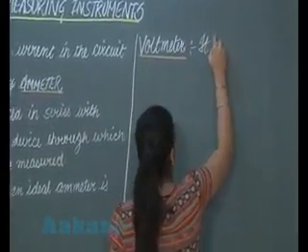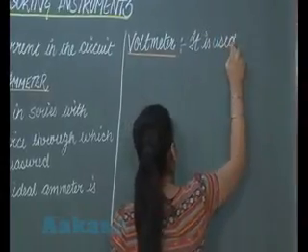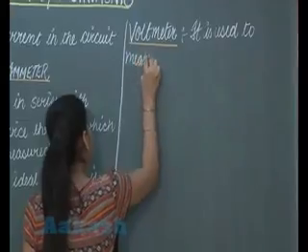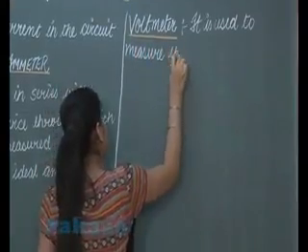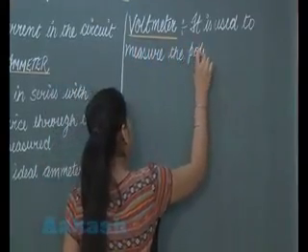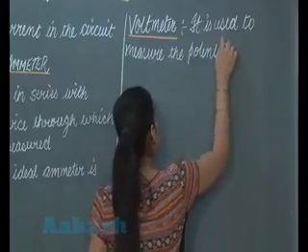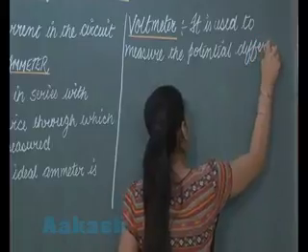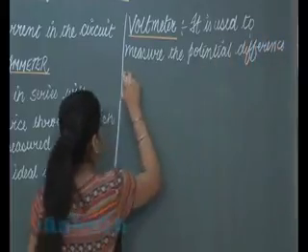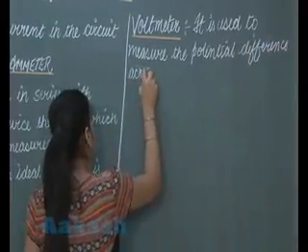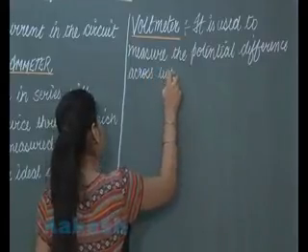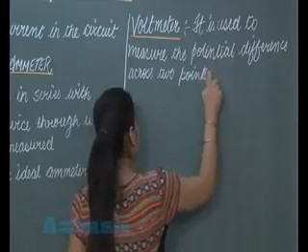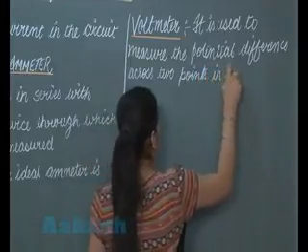It is used to measure the potential difference across 2 points in an electric circuit.